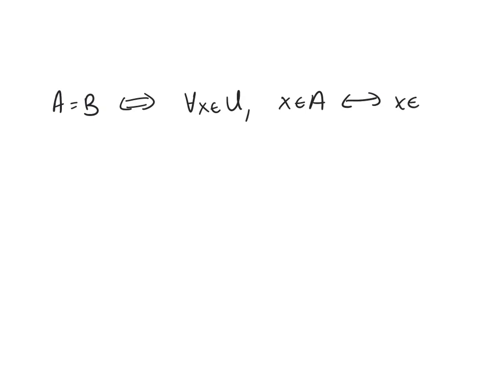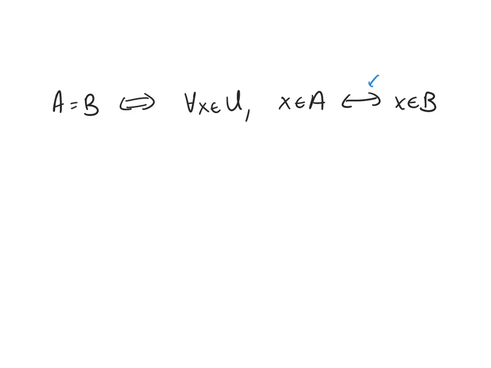So now what we want to do is talk about set equality a little bit more. So A equals B. What was the definition of A equals B? If you look back at that table, for all X in U, it corresponded to a biconditional statement: X is in A if and only if X is in B. But remember I said biconditional statements are made up of two conditional statements.